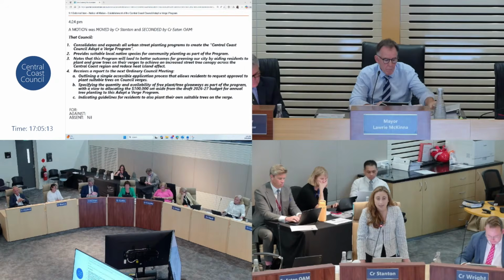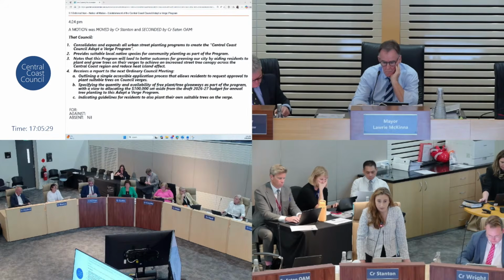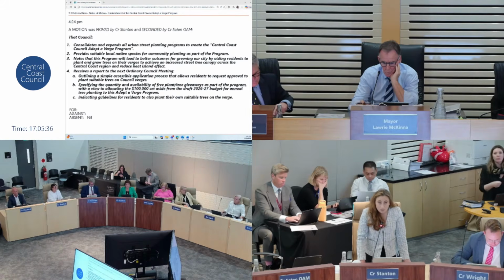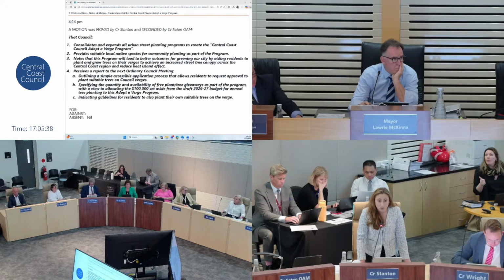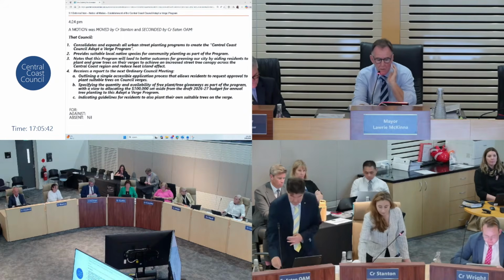This is allocating money from a draft budget that is yet to come back to council. This is not taking anything away from any existing program. Everything is pulled together, and that expands the program, and there will be more than $100,000 available for this program to enable people to plant trees, for the Central Coast to be greener, and to reduce heat island effect. Thank you. Thanks, Councillor Stanton.